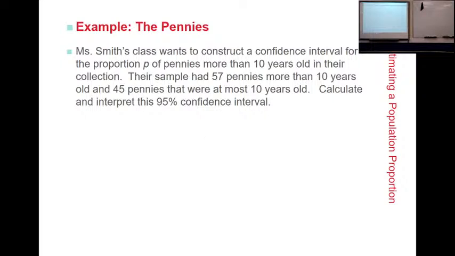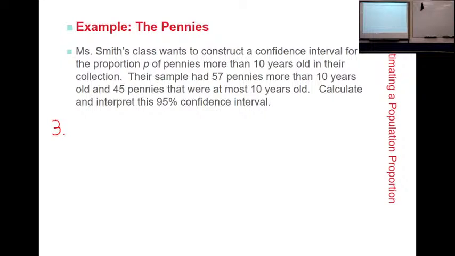Step 3. We're going to do the calculation. The parts you need in step 3: formula, plug in the numbers, answer. Those are the things that you need to write in step 3.